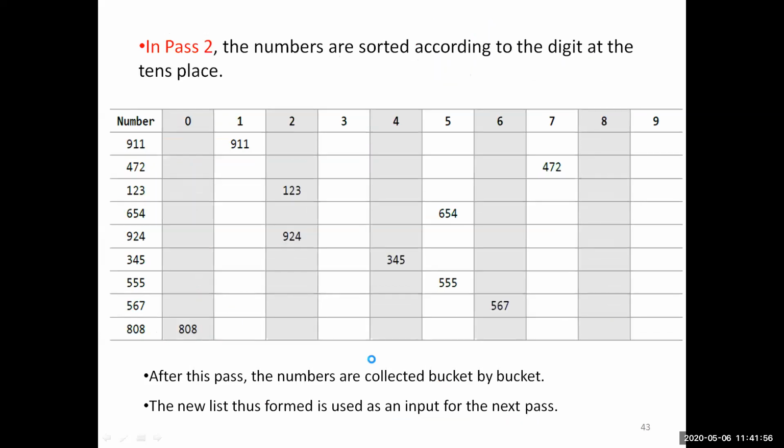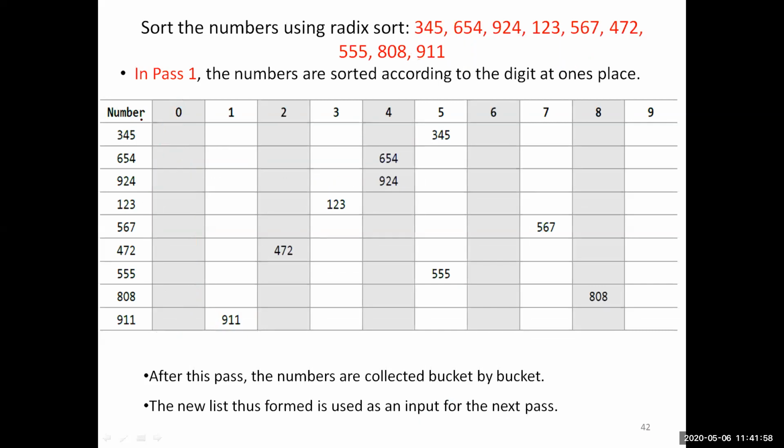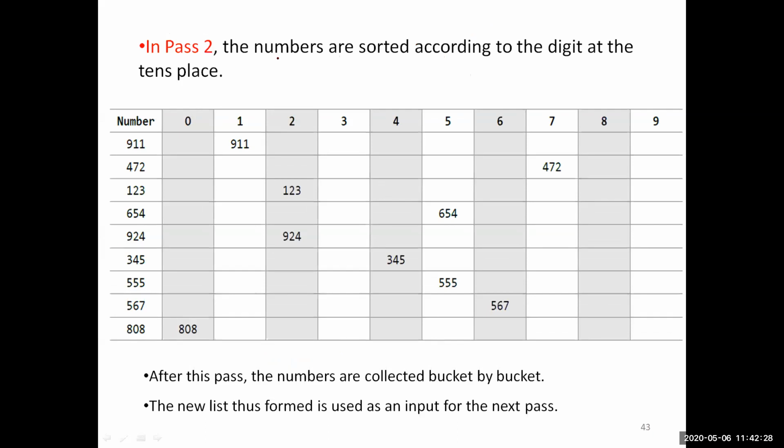We take the 0th bucket, it does not have any element. So I'll go to the first bucket, there is one element, the first element, 911. Next, second bucket, 472. Next, third bucket, 123. Next, fourth bucket, 654, 924.